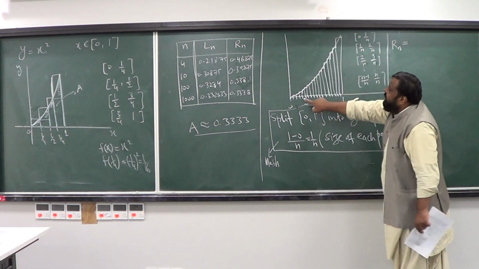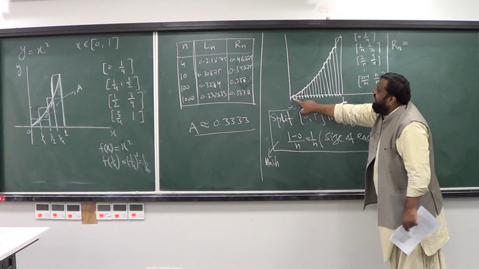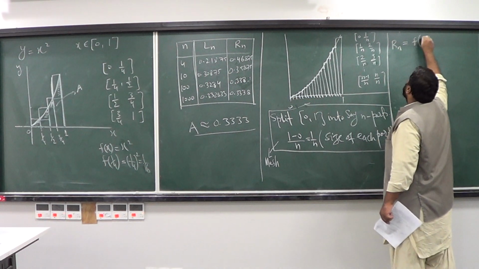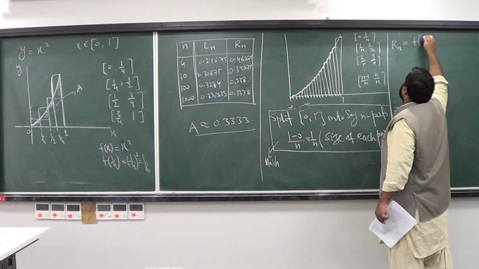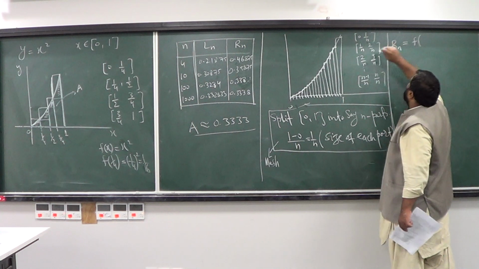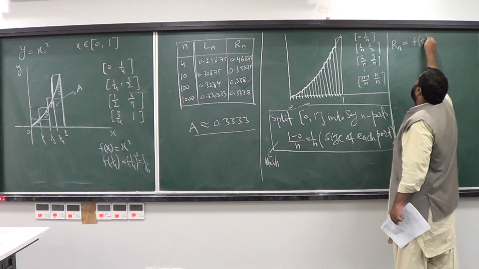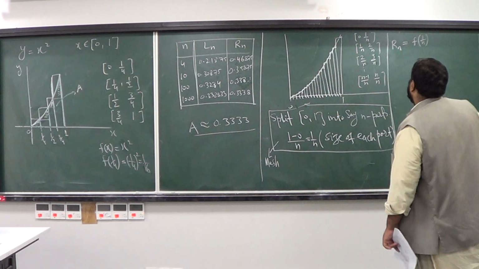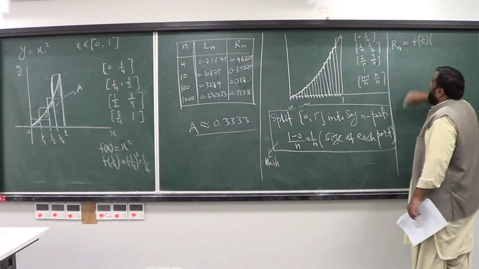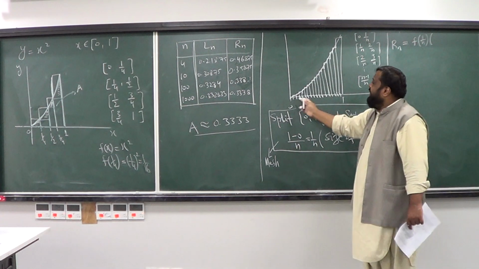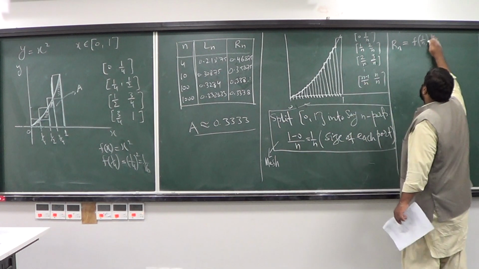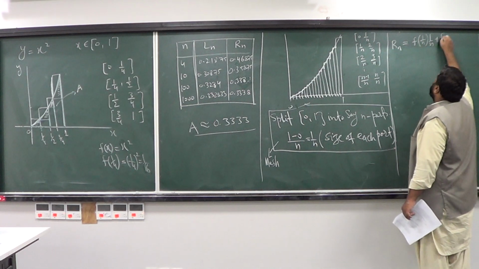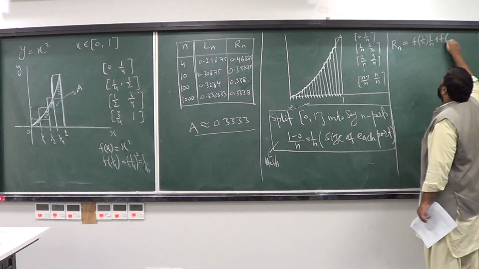How can I compute the height at the right end point? Just substitute this value into the function, whatever function you have been given. For the moment we have x squared, and multiply it with the width of the interval, which is 1 over n.